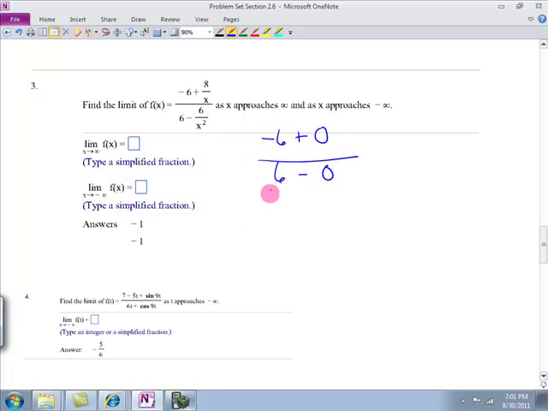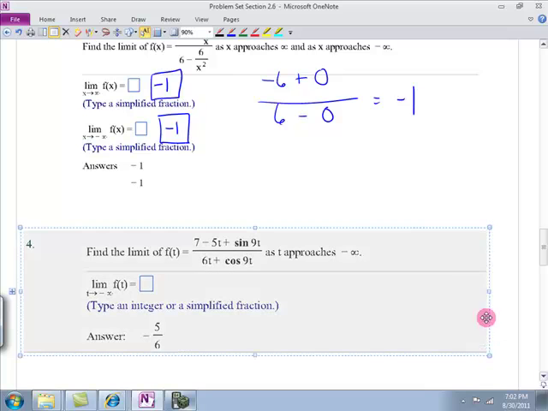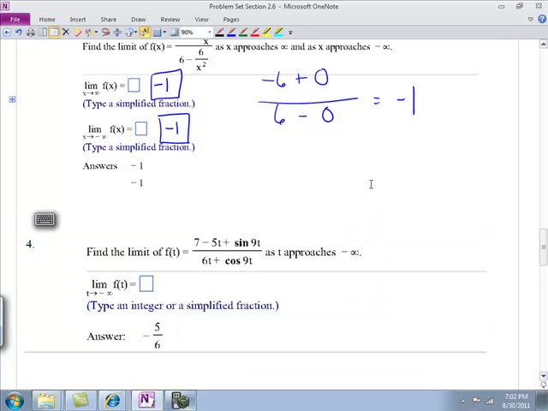So what does that become? Negative 1. So negative 1 here. Will it be the same for negative infinity? Yes. Because the rule stands for both positive infinity and negative infinity, so it won't change your numbers.